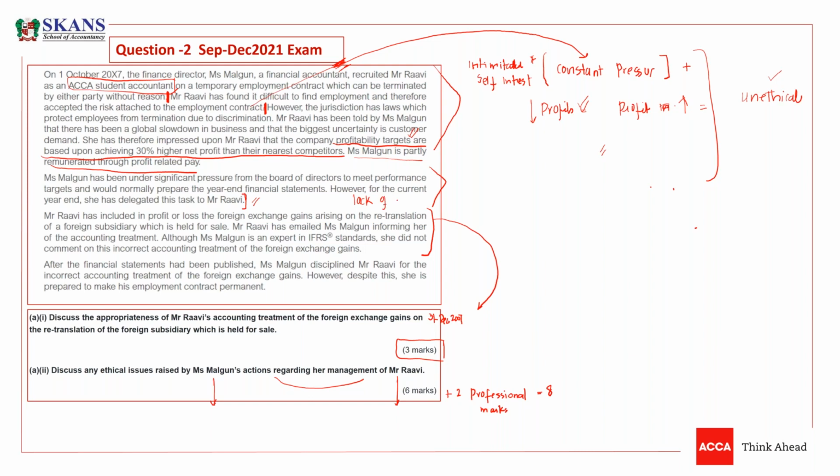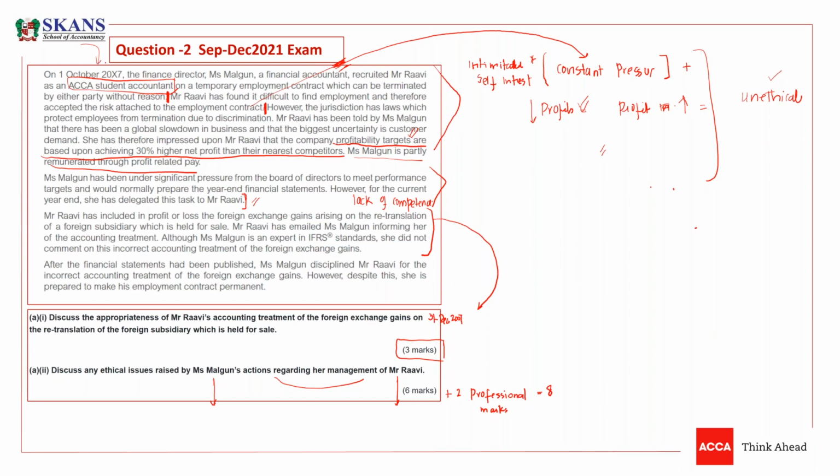But we can't say that there is a lack of competence, because the competence expected from a student is obviously not to the level that Miss Malgan has. We don't expect that an ACCA student should be competent enough to finalize the financial statements. And he's just 3 months old in the company, and he's doing this for the first time.